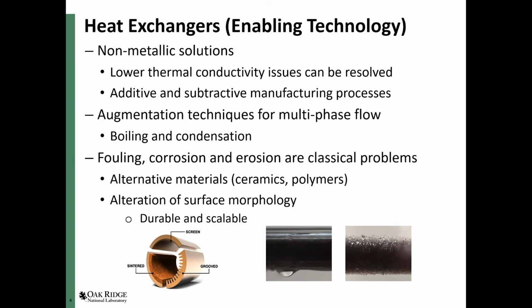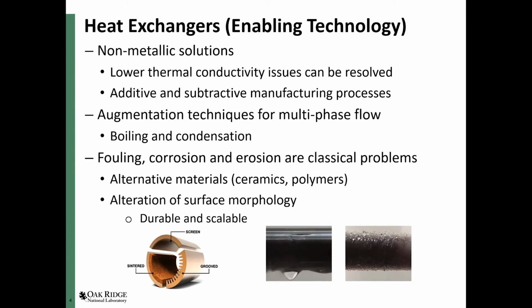Fouling, corrosion, and erosion are classical problems when it comes to waste heat recovery. If you are using an exhaust gas, then obviously you'll see a very harsh environment. So then the question becomes how you can avoid these problems. Oftentimes people refer to coatings, which have been used extensively, but whenever we consider coatings, we have to make sure that they are durable and scalable.